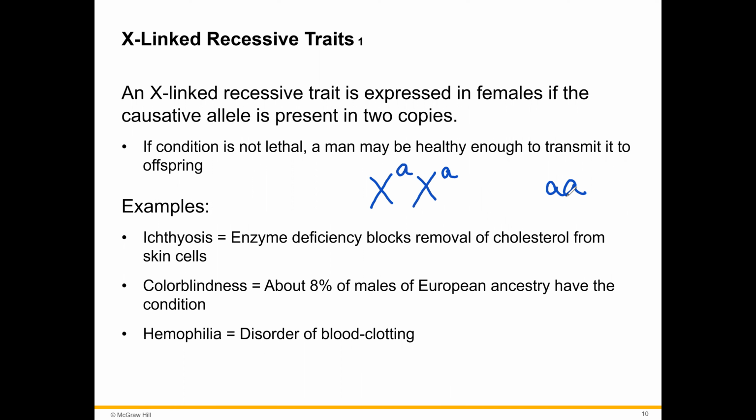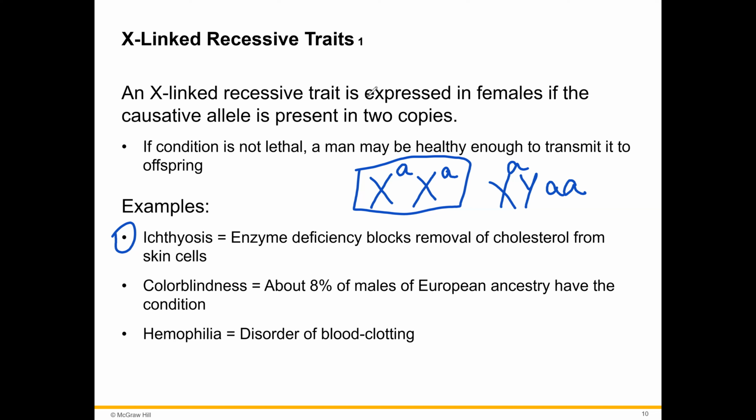In a male, we need only one copy to be expressed. So if the condition is not lethal, a man may be healthy enough to transmit it to the offspring. Some conditions, ichthyosis, color blindness, hemophilia, are all X-linked recessive traits.